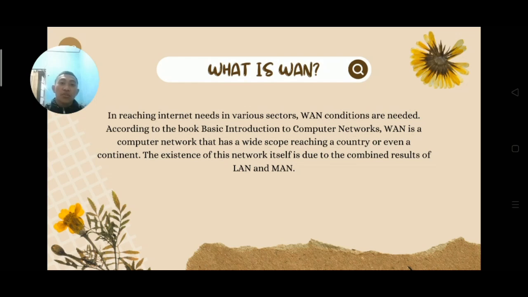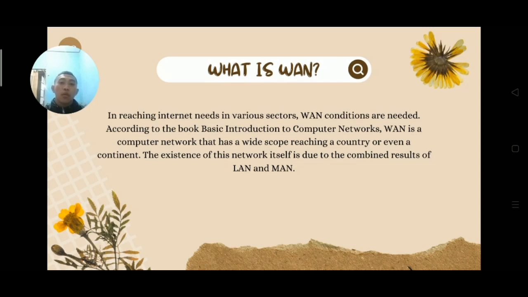And then, what is the wide area network? Enriching internet in various sectors, wide area network conditions are needed, according to the book Basic Introduction to Computer Network. Wide area network is a computer network that has a wide scope, reaching a country or even a continent.